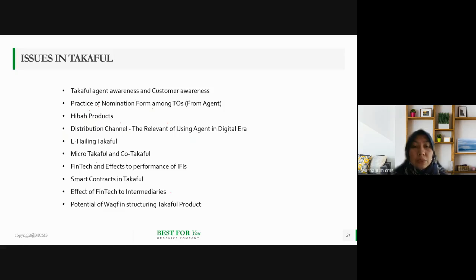If we go to the hospital and show our Takaful certificate, medical card, the hospital will link our card to this third party.